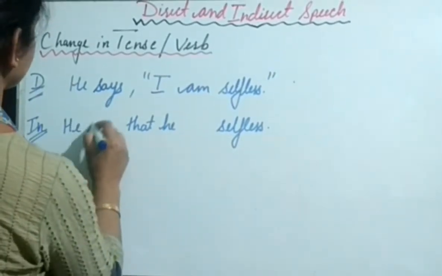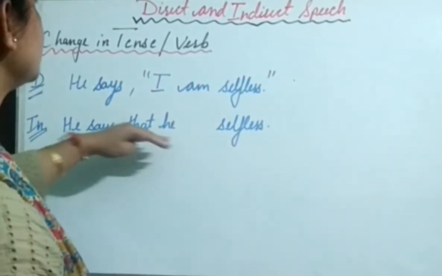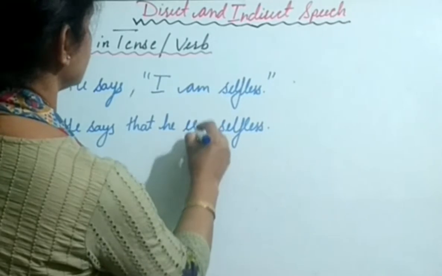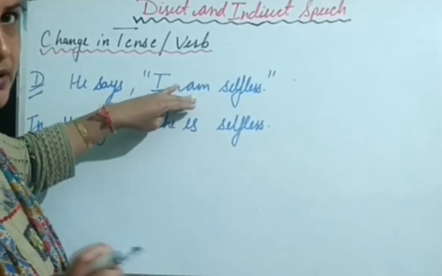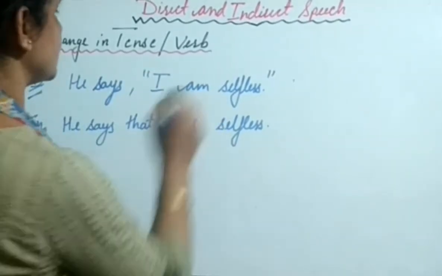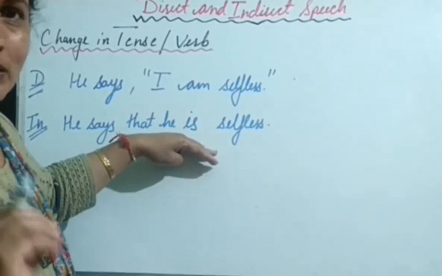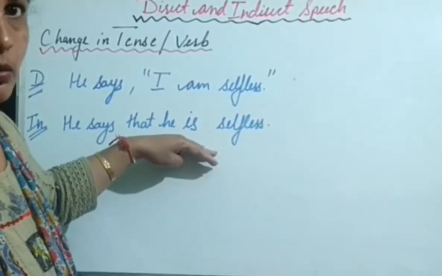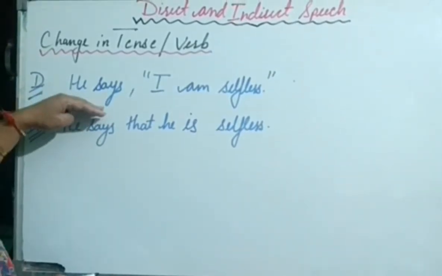Now he says, it will remain the same, that he is selfless. Now see, this am is in present tense, and with he we use is. It is also in present tense. We do not make any changes here. Why? Because the says is in present tense.